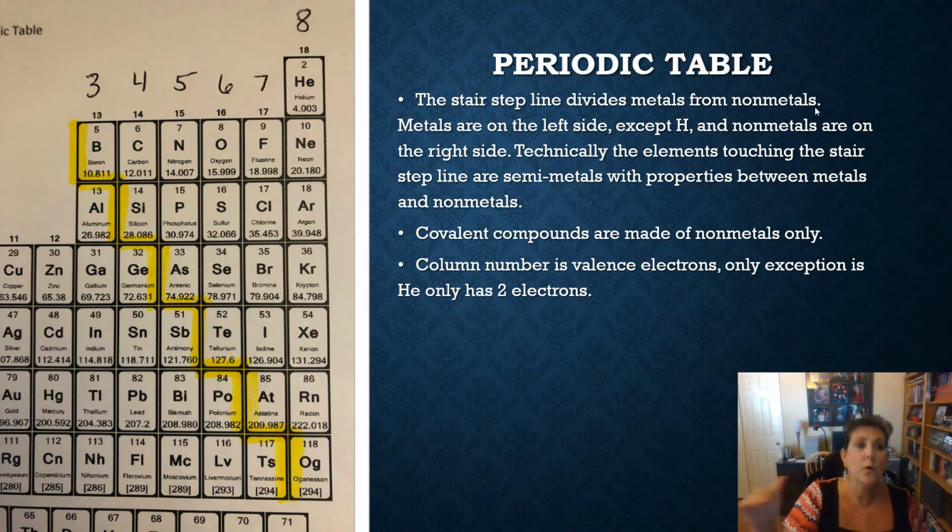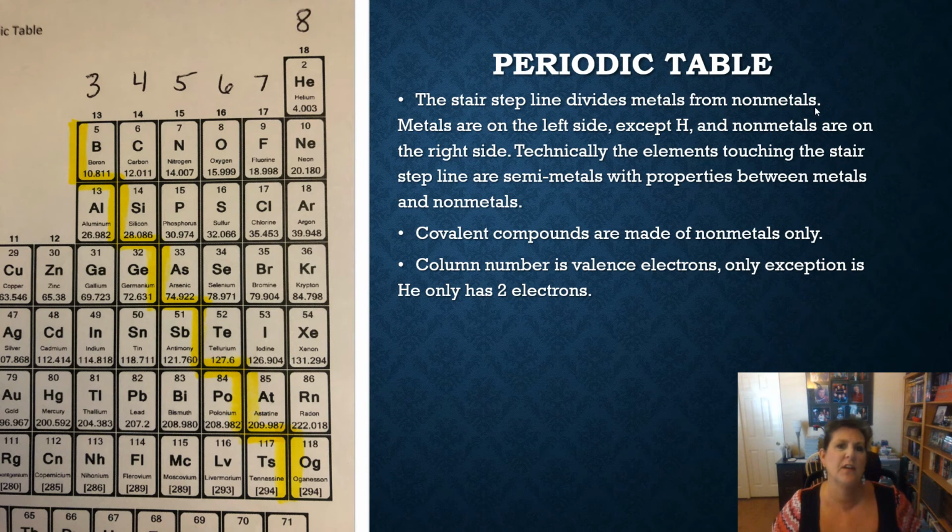Then go under boron, then down between aluminum and silicon, then under silicon, then between Ge and As, and then under As, then between Sb and Te, then under Te, then between Po and At, then under At, and then between Ts and Og. And that is your stair-step line, and we'll be discussing that in the chapter.